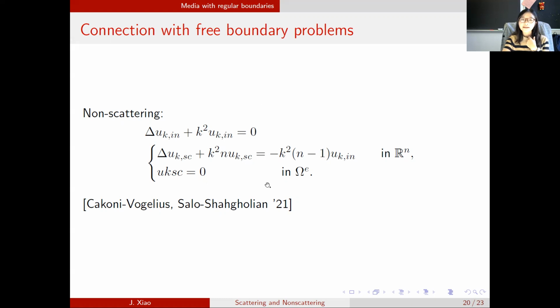Which means that the boundary of omega actually forms a free boundary for this problem. And there are corresponding results, also introduced at the beginning, by Fiora, Michael, Miko and Xiao in very recent papers.